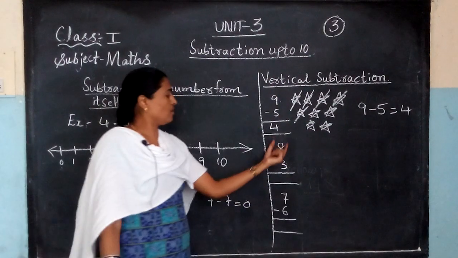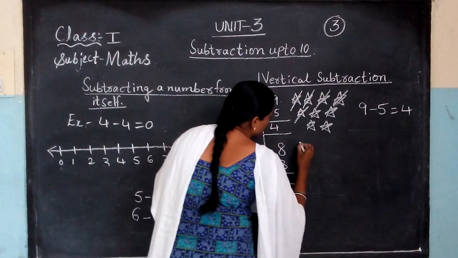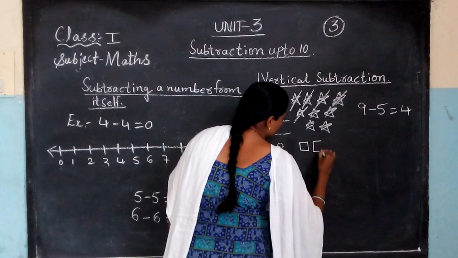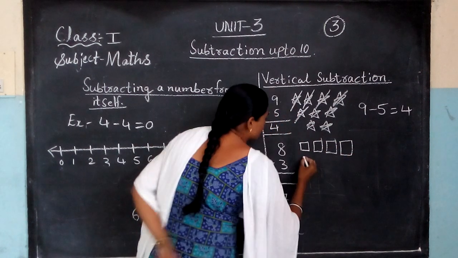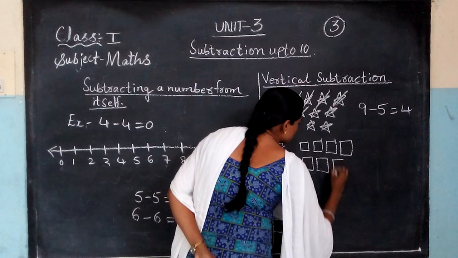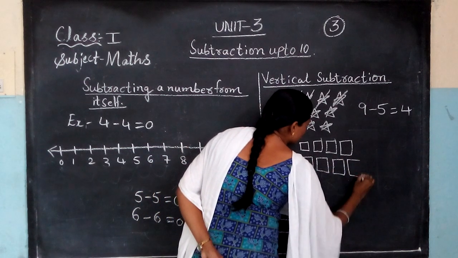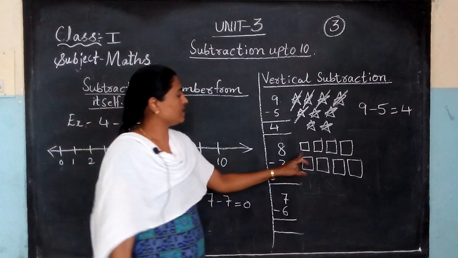Next one. What is this? 8 minus 3. 1, 2, 3, 4, 5, 6, 7, 8. What are these pictures? Squares. How many are there? 8 squares.